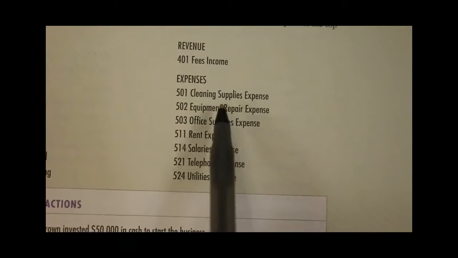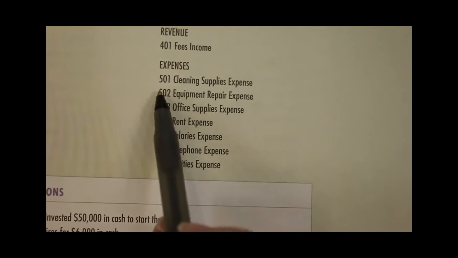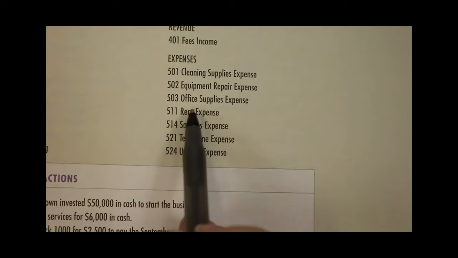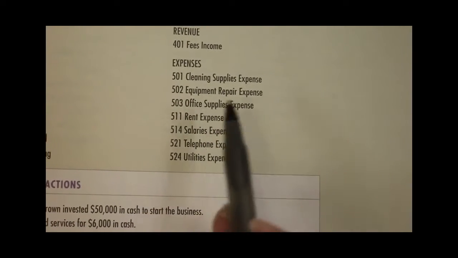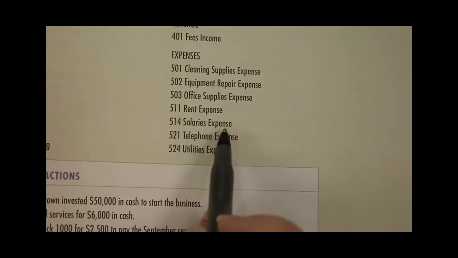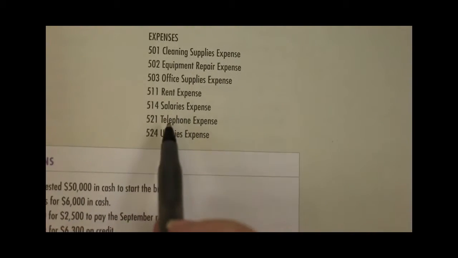And then expenses. They have a lot of expenses here. Cleaning supply expenses, 501. Equipment repair expenses, 502. Office supply expenses, 503. Rent expense, 511. Salaries expense, 514. Telephone expense, 521.